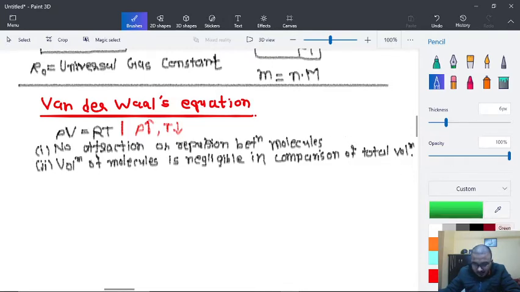So let's start with correction for size of molecules.